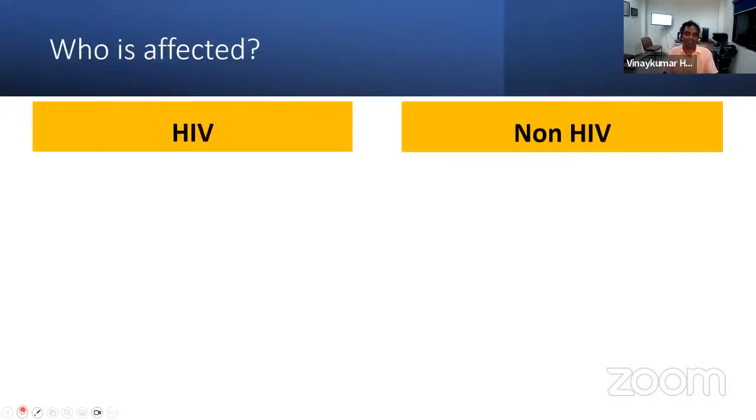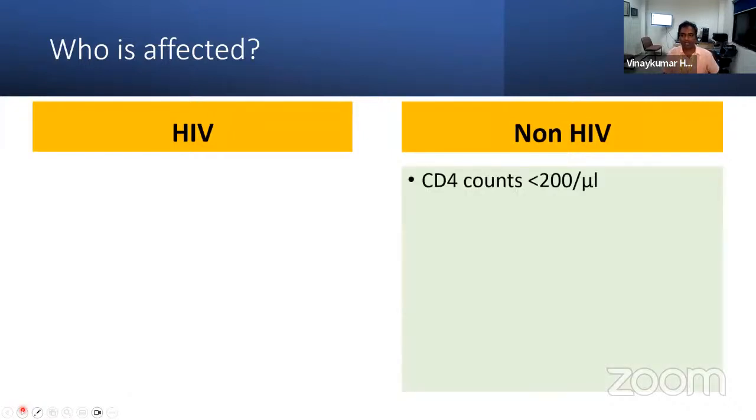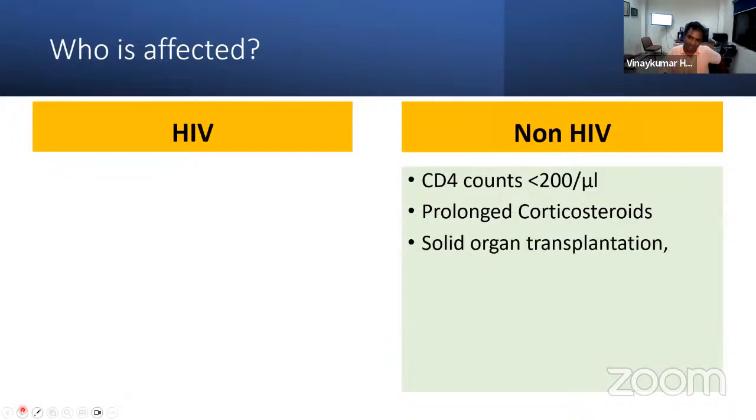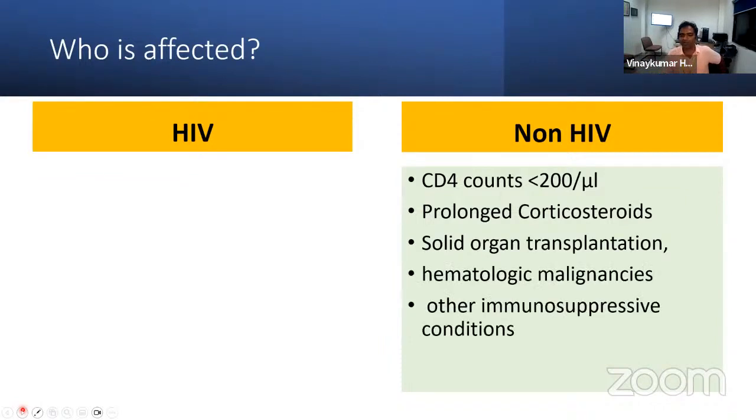So again, summarizing, patients with HIV and without HIV can get infected and have the disease. The patients without HIV are those with CD4 count less than 200, who are on prolonged corticosteroids, on transplant, hematological malignancies, immunosuppressive conditions, and recently COVID-19.